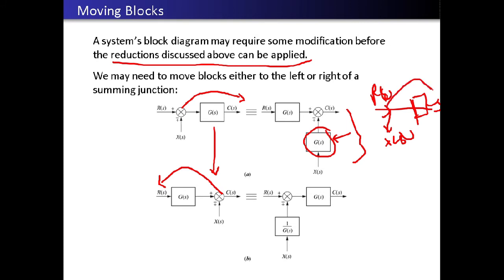If you want to move this takeoff point ahead of the gain block, here it is G of S, but in case of a takeoff point it will be 1 upon G of S. The same way, if here it is a takeoff point, not a summing point, and you want to move that before the gain block, here it is 1 upon G of S, but in case of a takeoff point it will be G of S only.